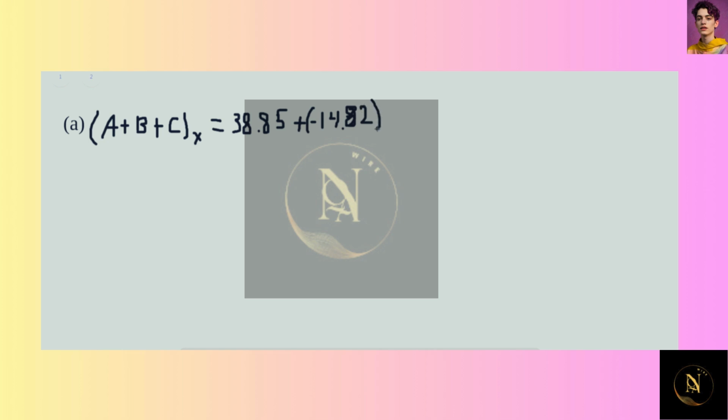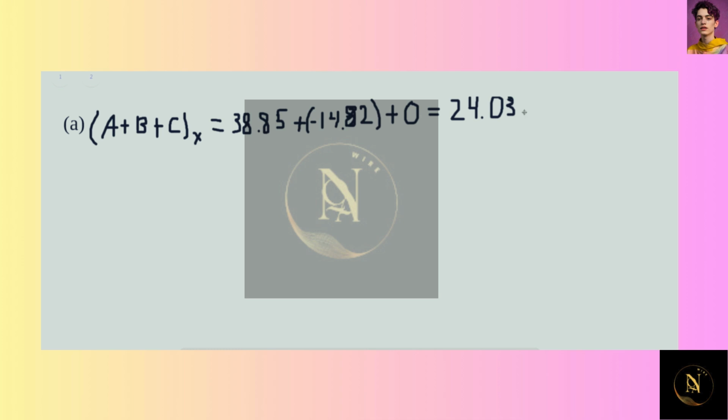And then we're going to add to that 0 from C. There's a 0 in the x direction from C. So if you go ahead and carry this out, you get 24.03.